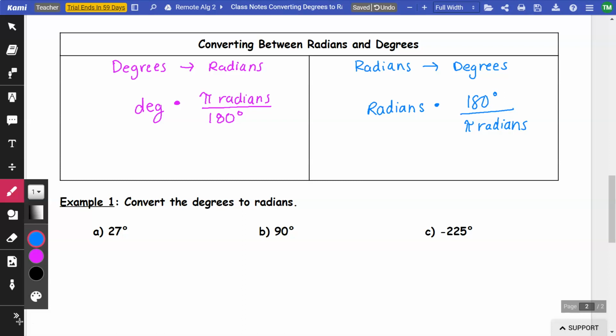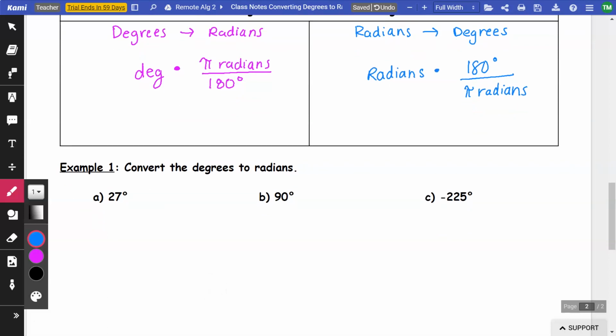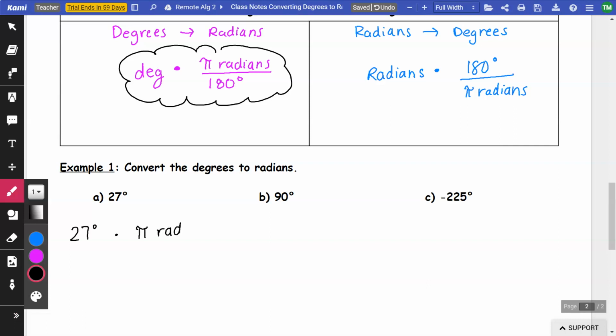So now we're going to convert all of these degree angle measures to radians. We're going to use our formula, degrees times pi radians over 180 degrees. All I have to do is take my 27 degrees and multiply it by pi radians over 180 degrees. What happens when I divide something by itself? It cancels, right? If I divide degrees by degrees, it cancels, so we're going to be left with radians.